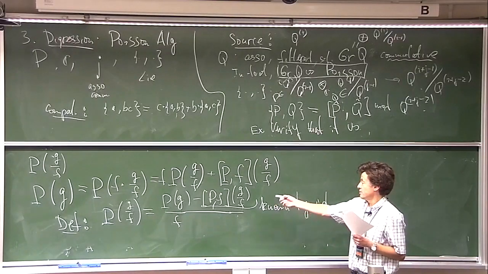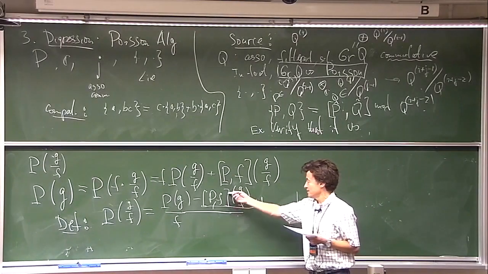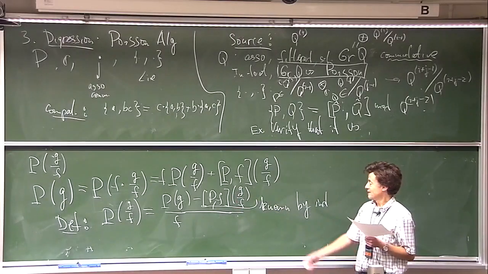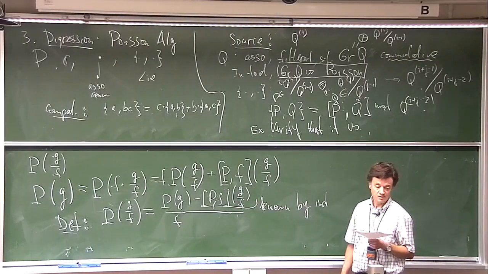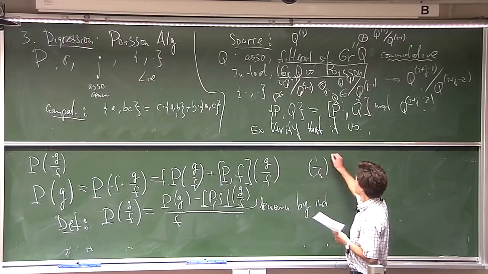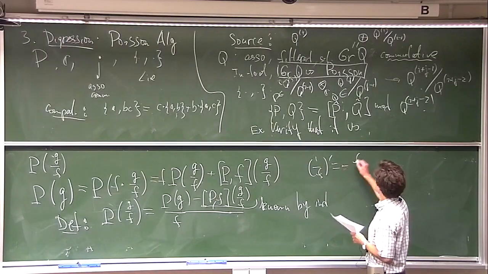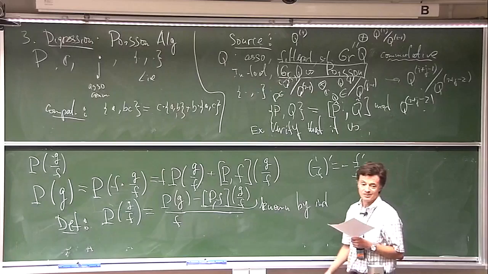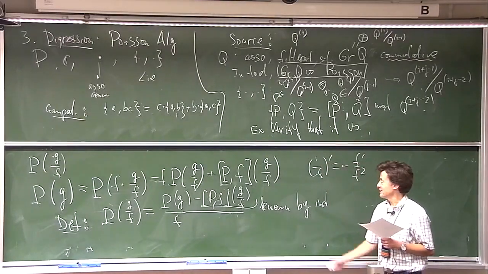Of course, if you think in terms of d/dx and write explicitly what's written here, you will get the familiar formula that the derivative of 1 on f is minus f prime on f squared. No doubt about that, unless I made a mistake.